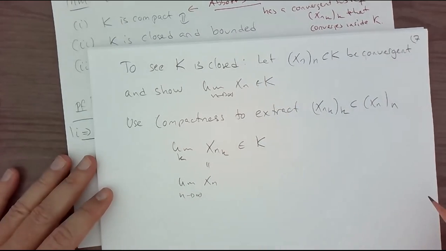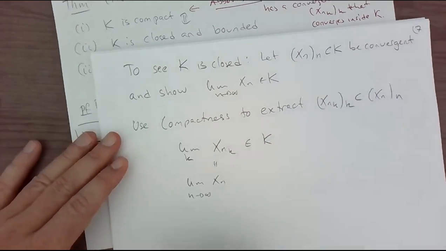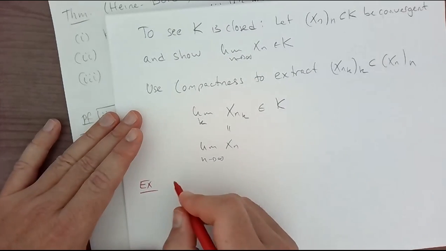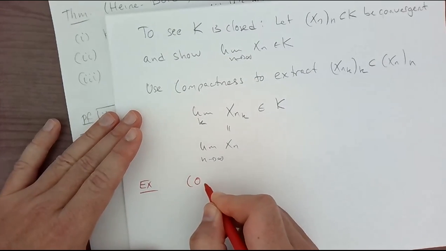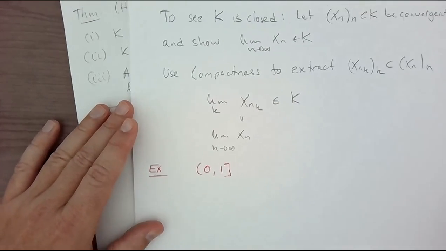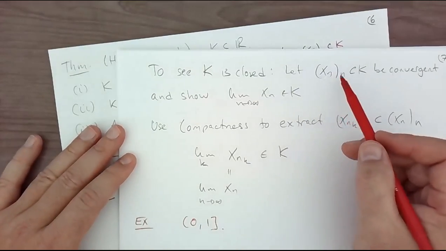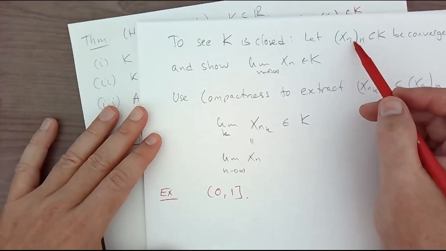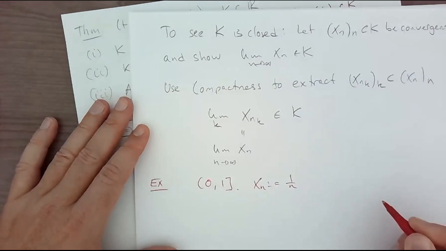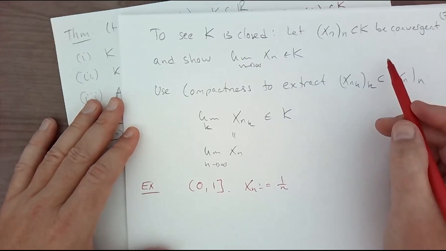And you can see here that this resembles, maybe just have a little example. Put it in red so you don't confuse it with the proof. If I were to consider this interval here, then I could take a convergent sequence. I could consider xn to be 1 over n. This is convergent.